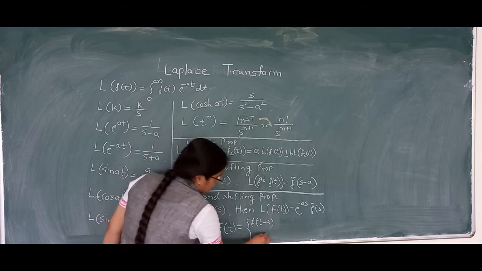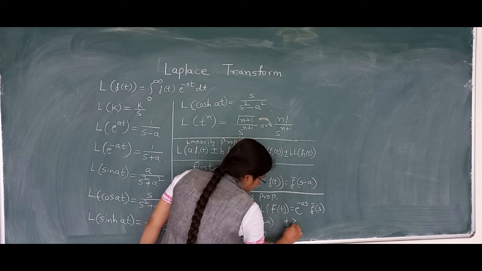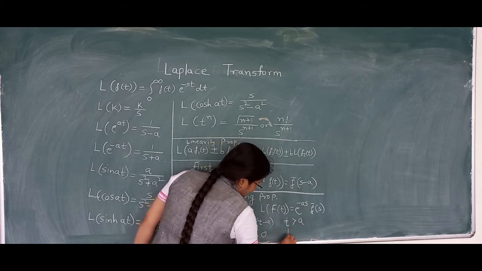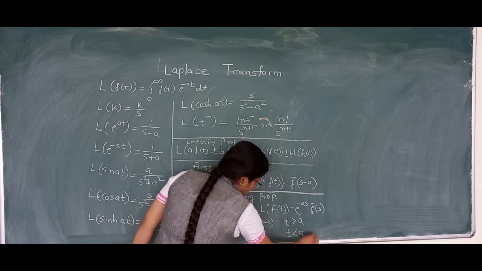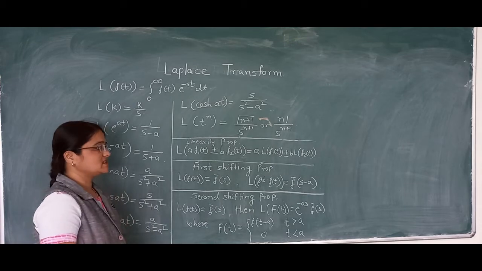It exists for t greater than a, and the value of the function is 0 for t less than a.